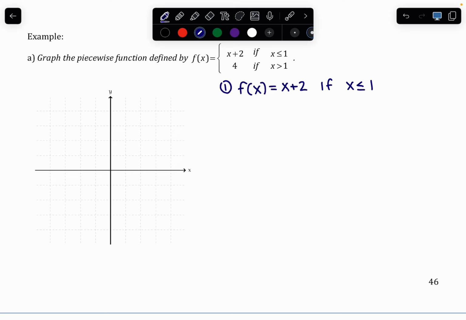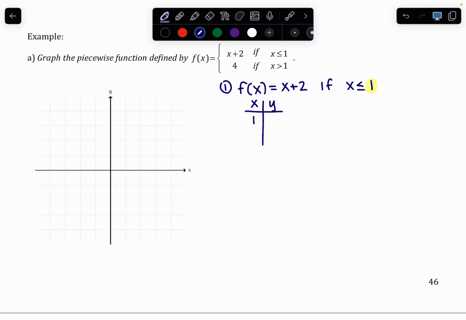We're going to make a table with 2 x values that fit within the domain restriction of the piecewise function, x is less than or equal to 1. One of the key things is that you're always going to use this x value no matter what. So we know we're using 1. What is a value of x that would stay true within that inequality? x is less than or equal to 1.